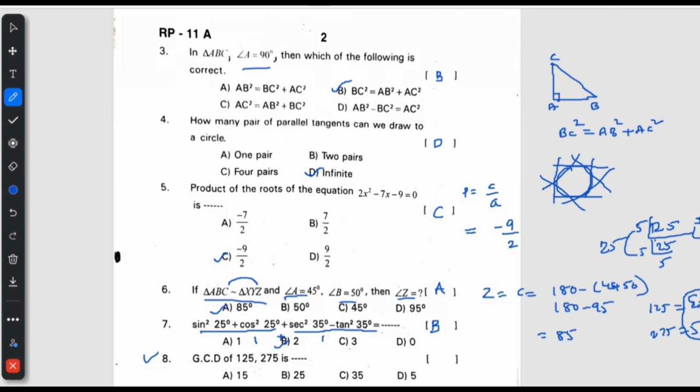So the HCF will be 5 times 5, which is 25. So 25 is the GCD, or we can say HCF also. Option B.